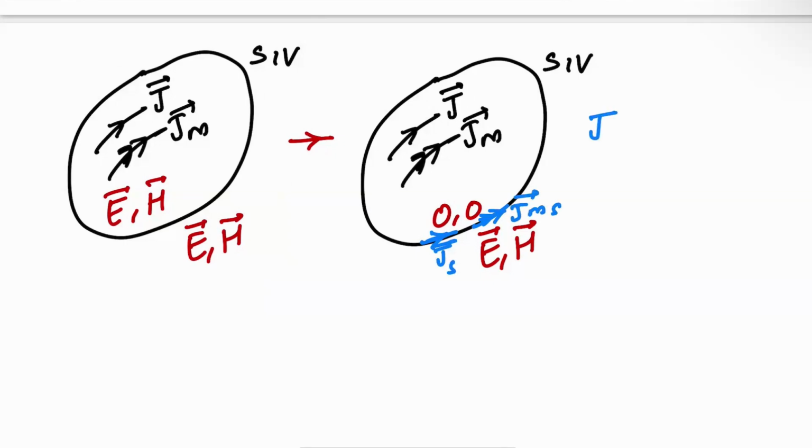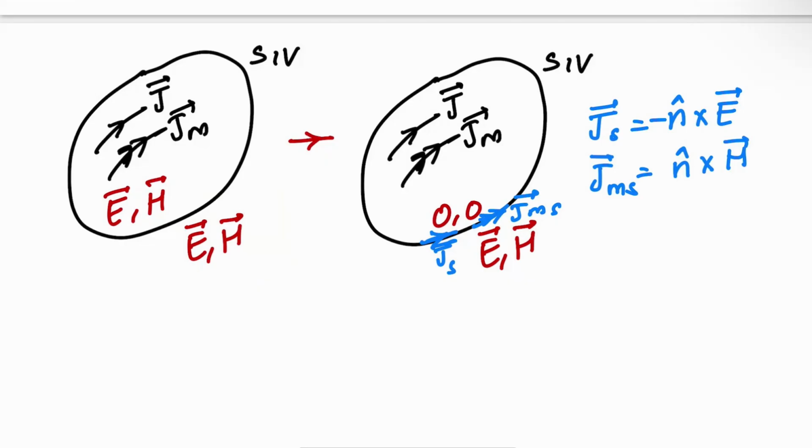Where Js is given by minus n hat cross E, JMS is given by n hat cross H, right? Because Js is nothing but minus n hat cross E1 minus E2, where E2 is 0. And similarly, JMS is n hat cross H1 minus H2, where H2 is 0.